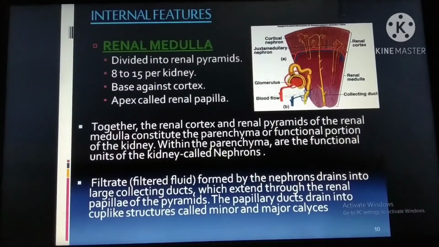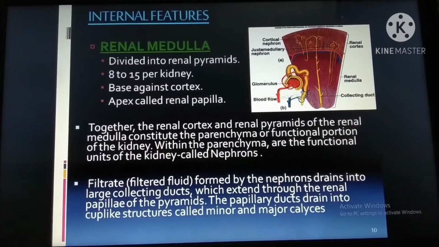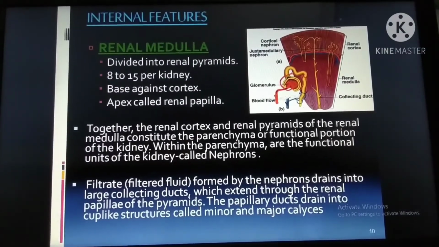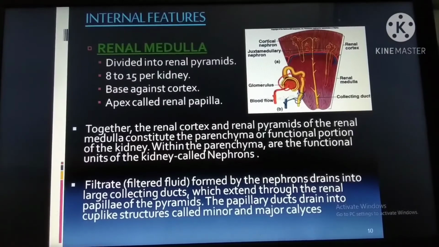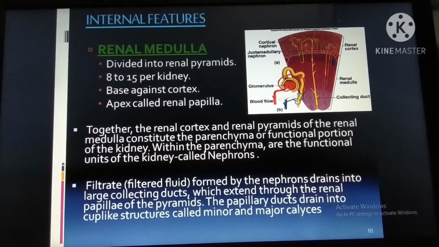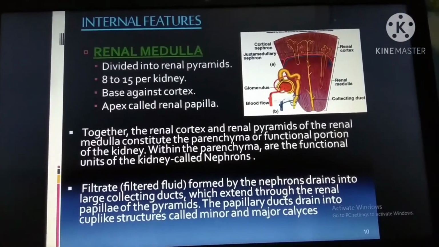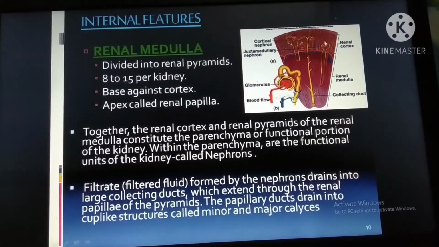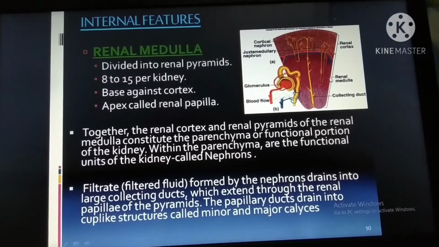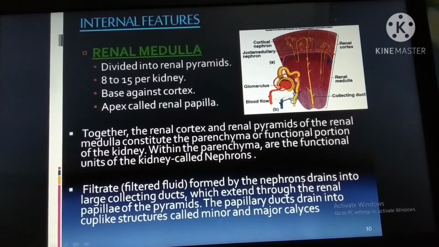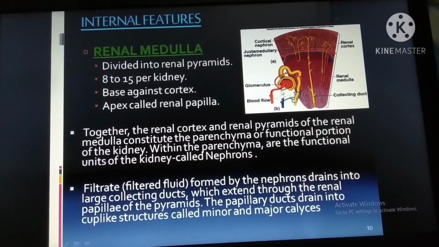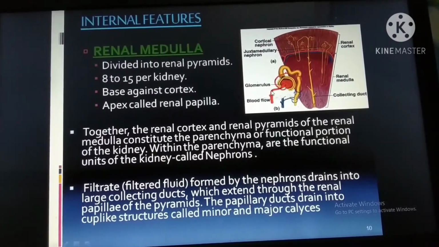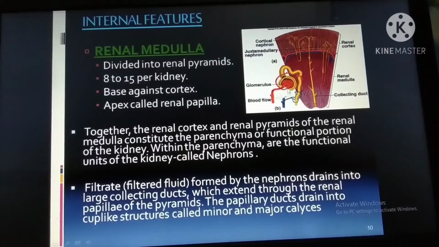Internal feature: renal medulla is divided into renal pyramids, 8 to 15 per kidney, with base against cortex and apex called renal papilla. Here is the renal cortex and here is the renal medulla, where we show the glomerulus, blood flow in this direction.